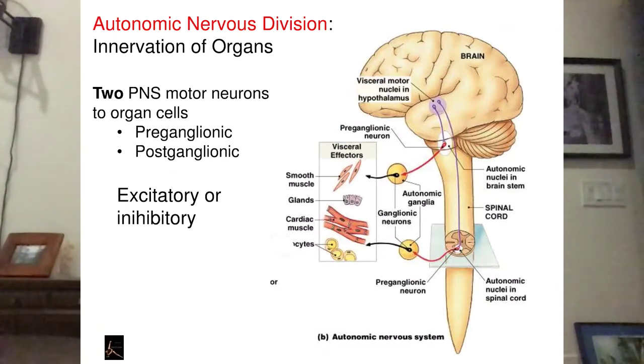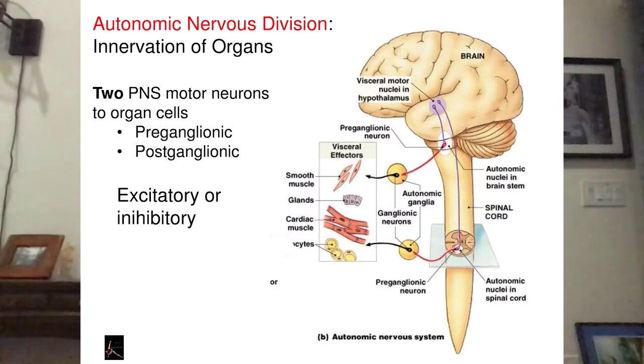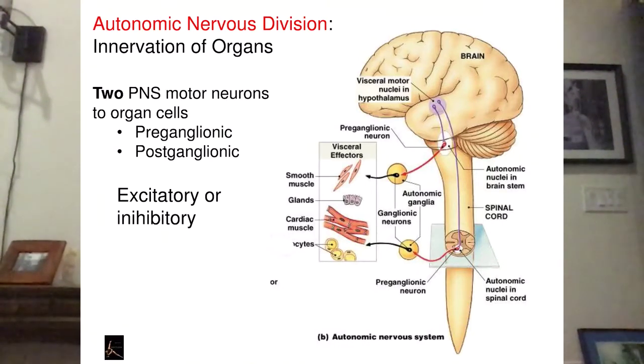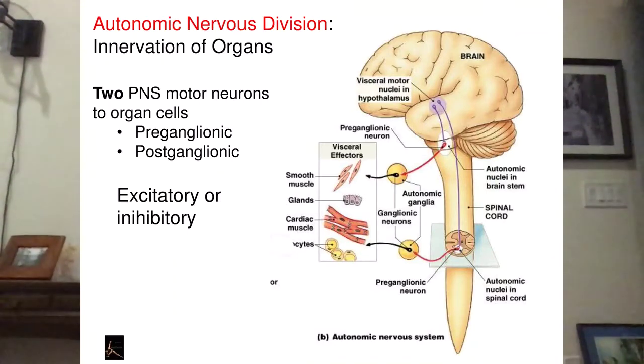And that efferent nerve in the PNS is going to always have a series of 2 neurons. There's a preganglionic neuron that gets stimulated by the neuron within the CNS. That preganglionic neuron then synapses within a ganglion with a postganglionic neuron.